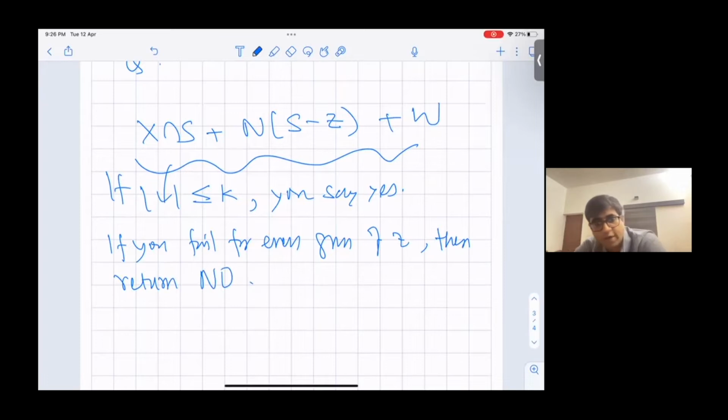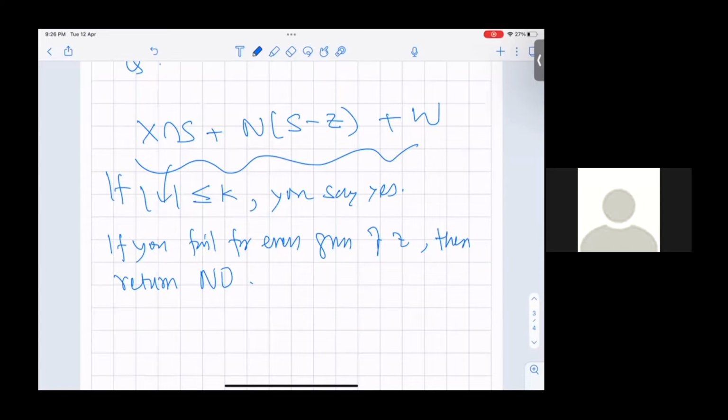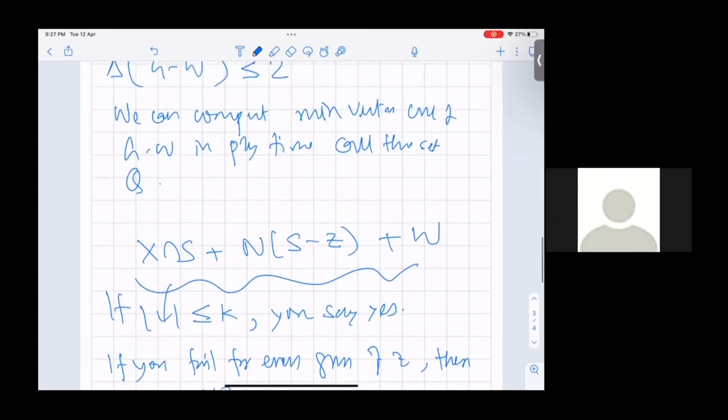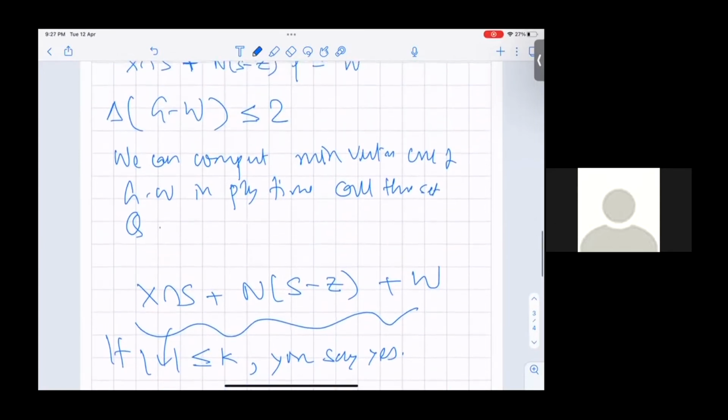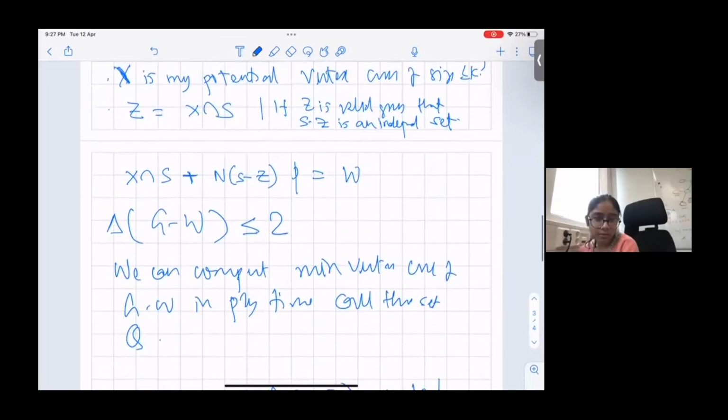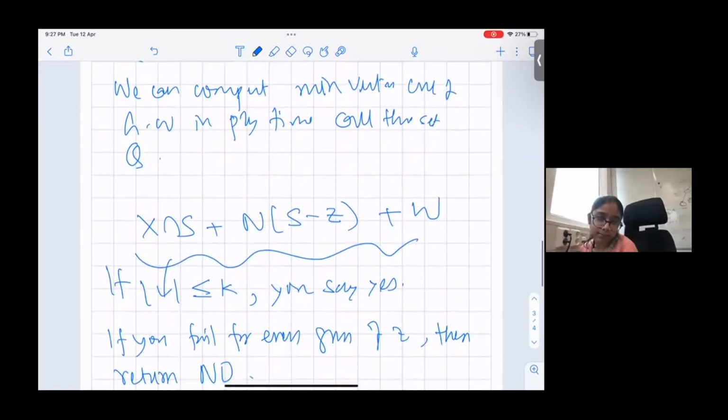Is this algorithm fine to everybody? So do you add W or do you add some subset of vertices in G minus W? So you add Q instead of W, right? Sorry, in the last line. Yeah, that's my mistake.